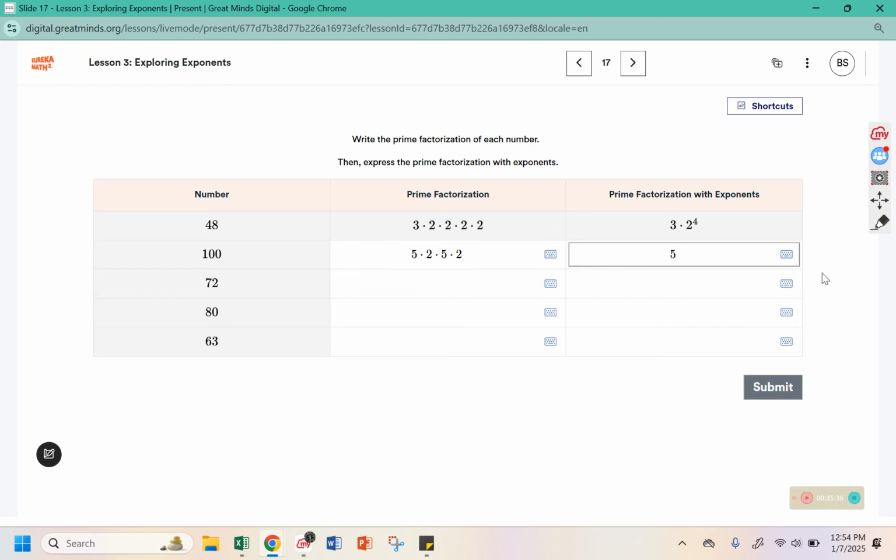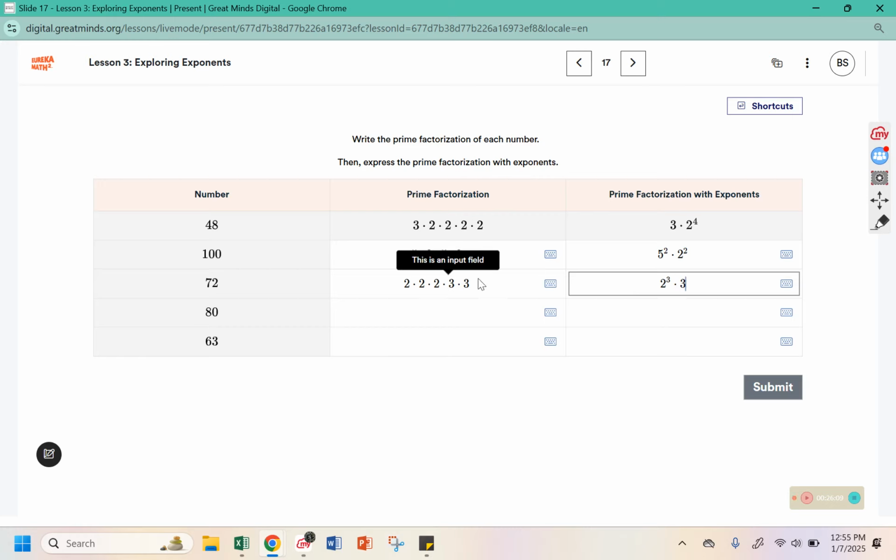So that would be 5 to the second power times 2 to the second power. 72 is 8 times 9, but 8 can be broken down into 4 times 2, and 9 can be broken down into 3 times 3. 4 can be split up again into 2 times 2. So I have 2 to the third because there's 3 of them, times 3 to the second because there are 2 3's shown here.